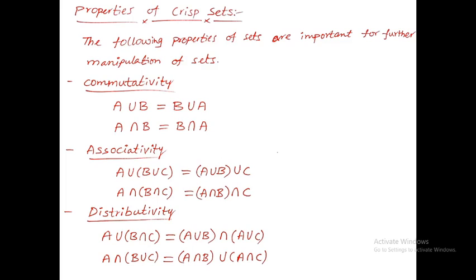In a similar way for intersection, A intersection of B union C is equal to A intersection B, union A intersection C. Again A is distributing to B and C. Here A is common in both the braces. That is the distributivity property.